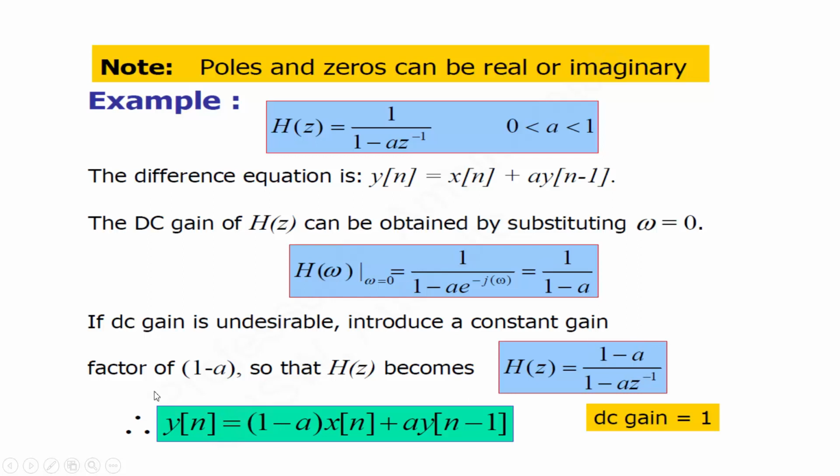So by effect we introduce a constant gain factor of 1 minus a, so that H(z) becomes this, and there will be a little modification in the difference equation also, so that the DC gain is cancelled out. DC gain is 1 in this case. All right. In the earlier case, the DC gain was 1 over 1 minus a, but once we have compensated for the DC gain, the DC gain becomes 1.